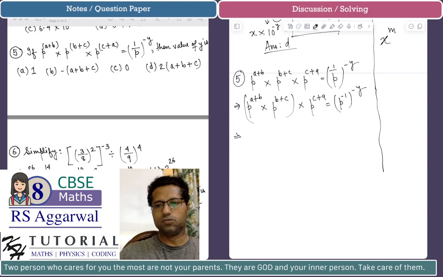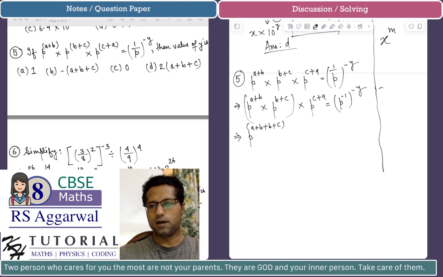Now if I do the product of the first two terms on the left hand side, we can see the base is same. Each term is an exponential form where the bases are same, p. So this will be p raised to the power a plus b plus b plus c.